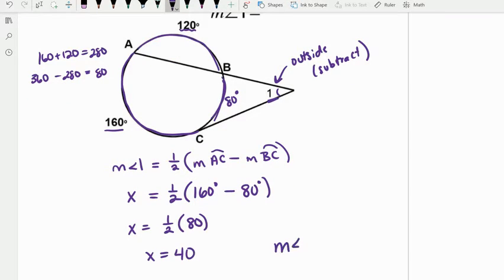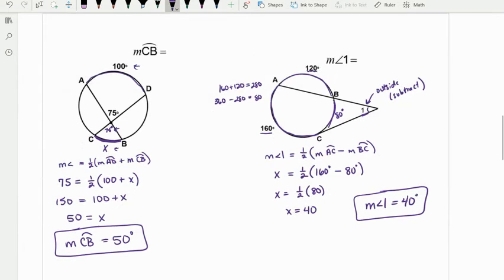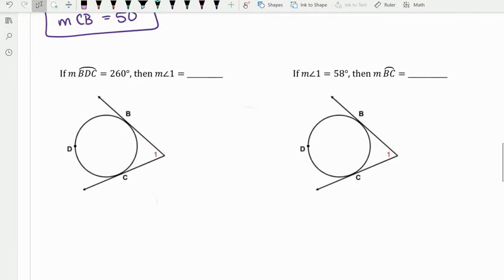So the measure of angle 1 is 40 degrees. Okay, figure out if it's outside or inside. Write down your formula. Plug in as much as you can. If you have to find other pieces to be able to plug in what you need, then you can do that. Okay. All right, our next two circles to come up.